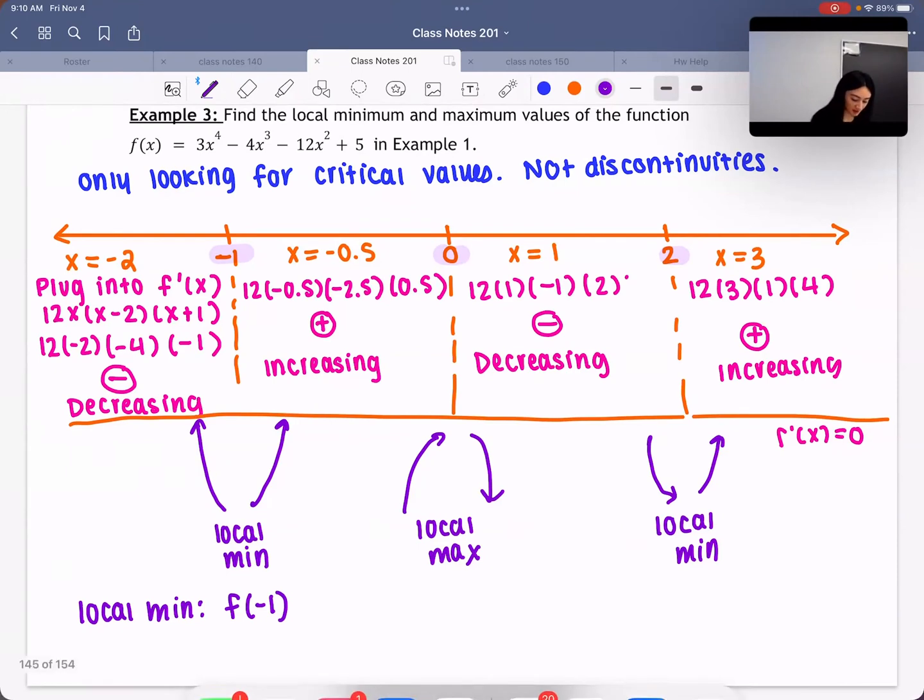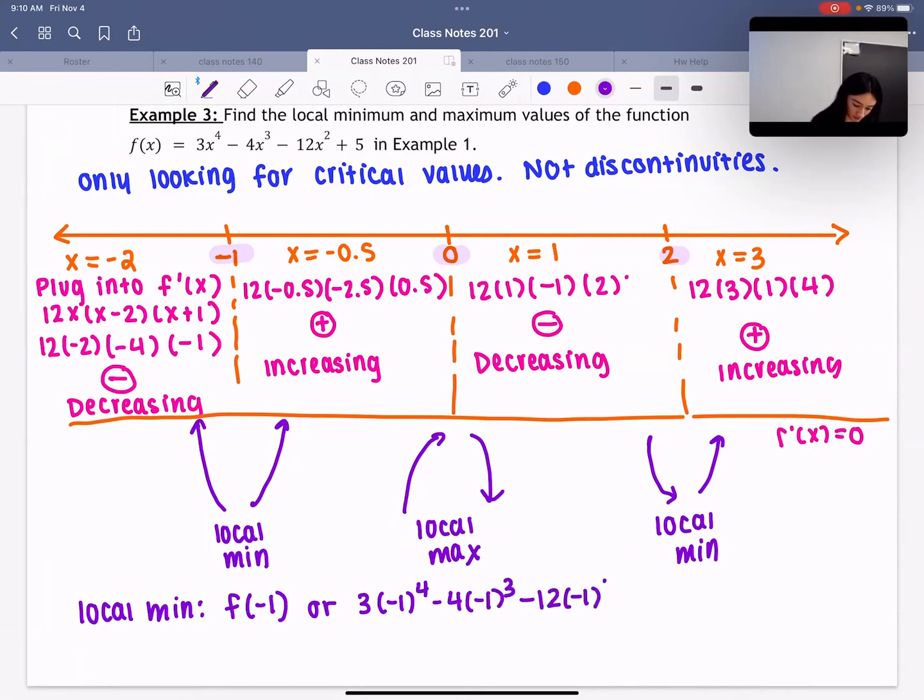So I could say f of -1, or I could do this: 3 times -1 to the 4th minus 4 times -1 cubed minus 12 times -1 squared plus 5. And to save you some calculations here, I'm getting 0. Also, don't trust my calculations. If you do this at home later, you might get a different answer. So either f of -1 or 0 is my local min, not -1, okay?